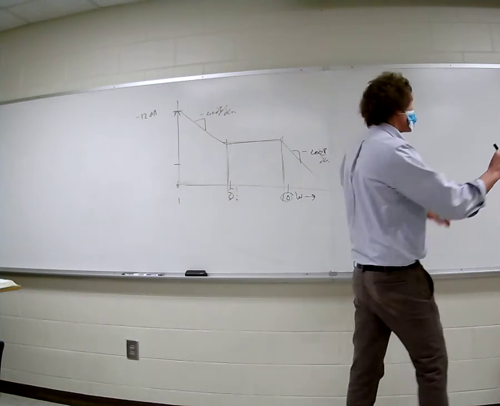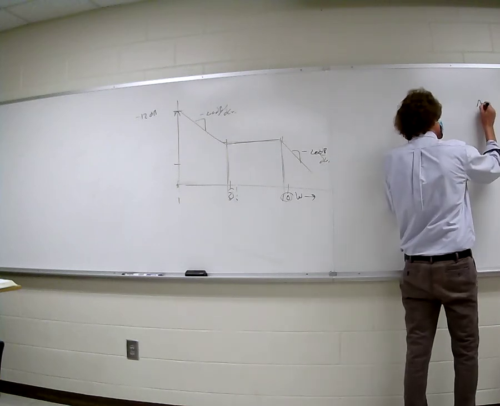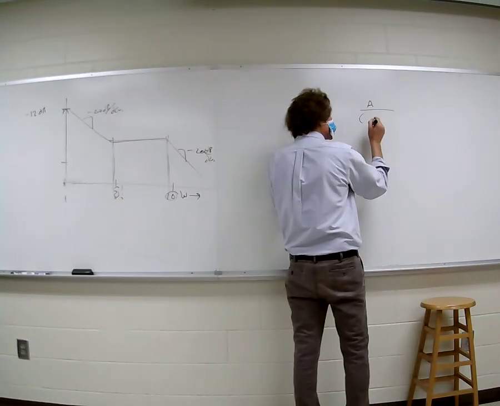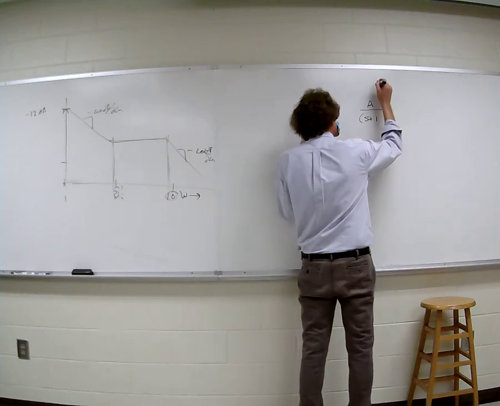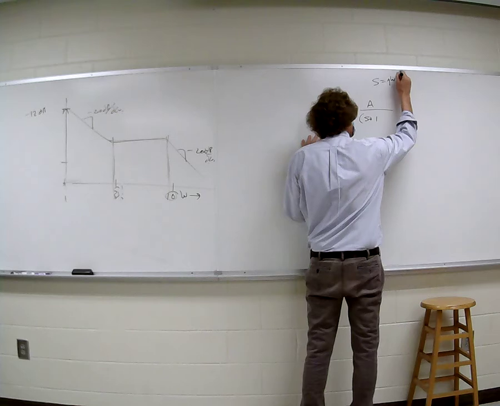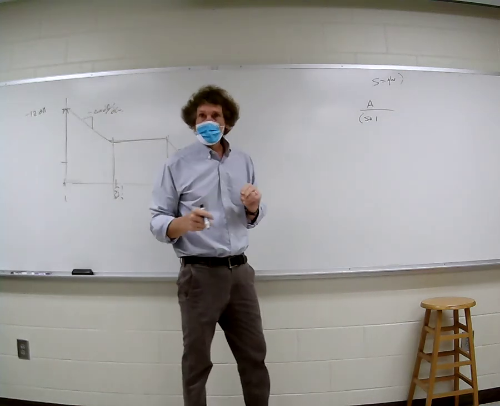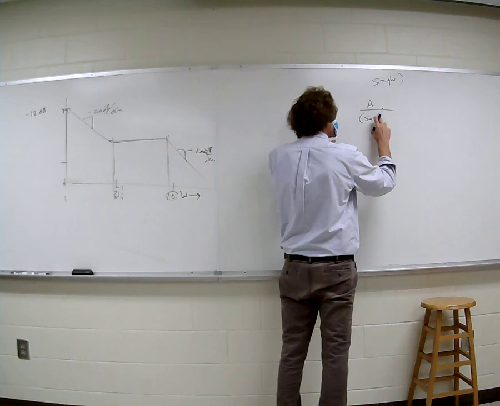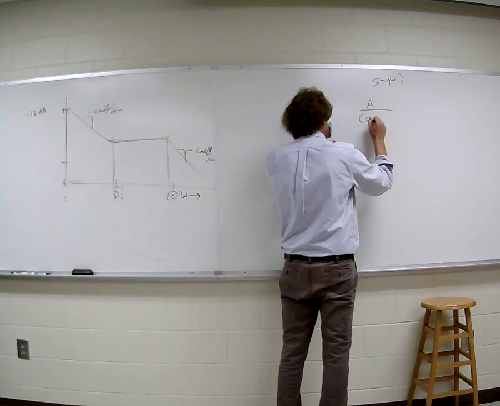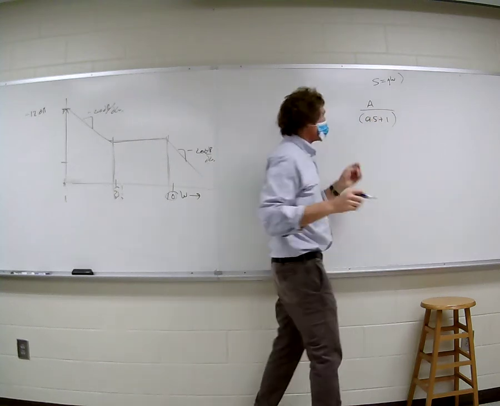Here's where it comes from. If you have any function A, we'll put a simple pole, over S plus 1. Now we know S is equal to j omega, right? Let me make it A over S plus 1. This will be easier for you to understand.